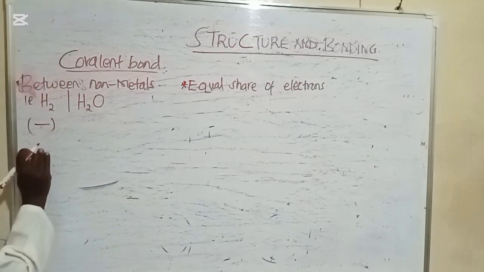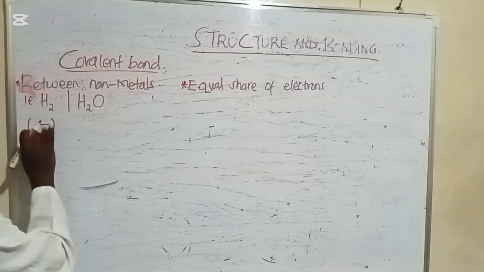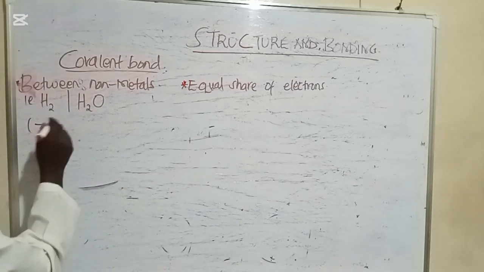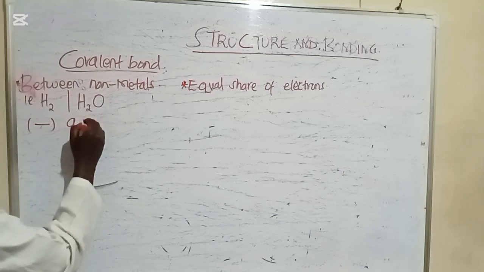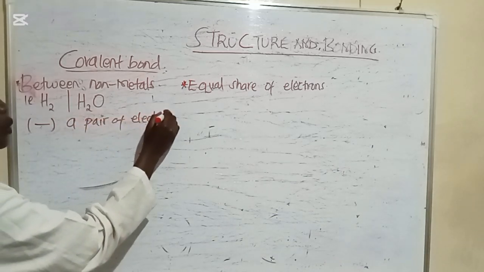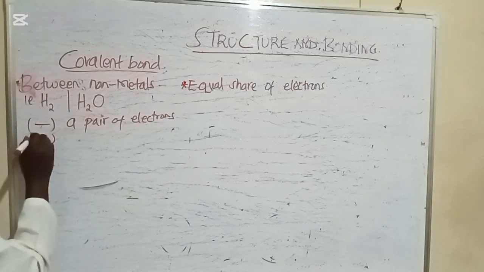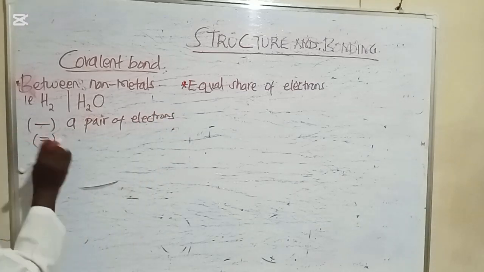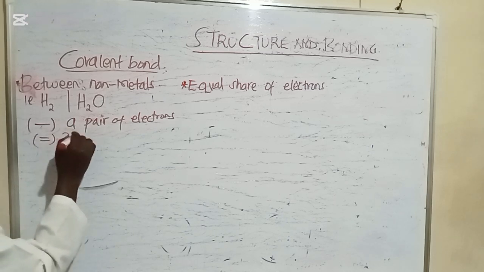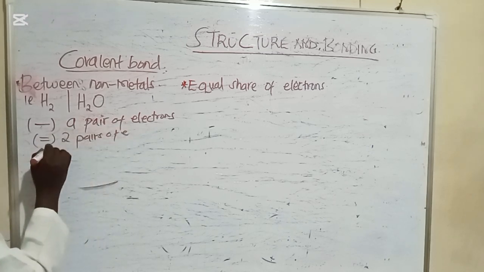So we can represent covalent bonds using short straight lines. So this single line represents a pair of electrons, okay? Meaning we have two electrons. If you see two short straight lines, it represents two pairs of electrons. Three means what?